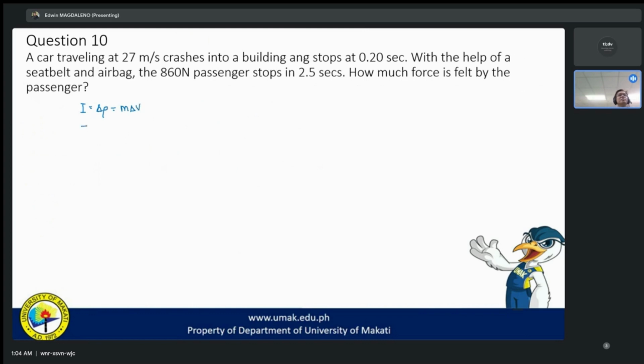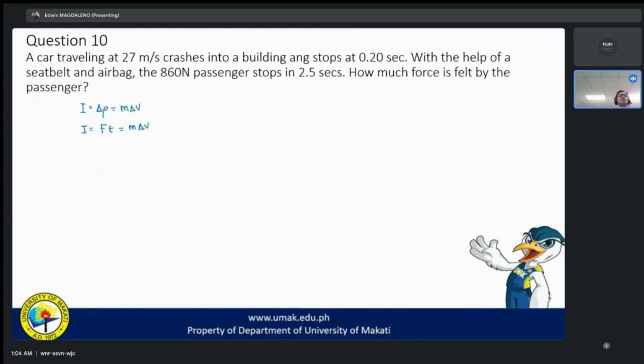And impulse is also equal to force multiplied by the time that the force is applied. So this is equal to mass times change in velocity.